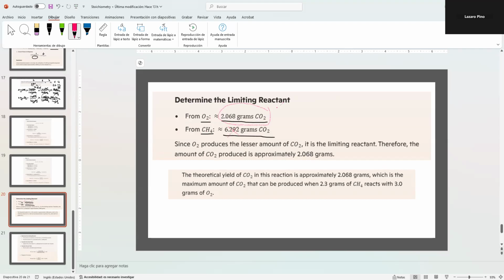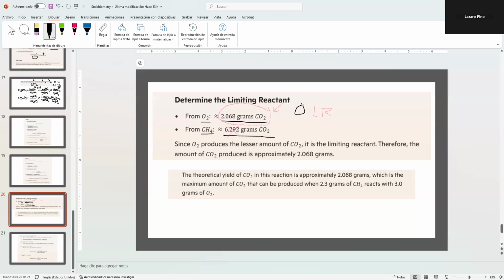We can produce only a small amount because oxygen is the limiting reactant.